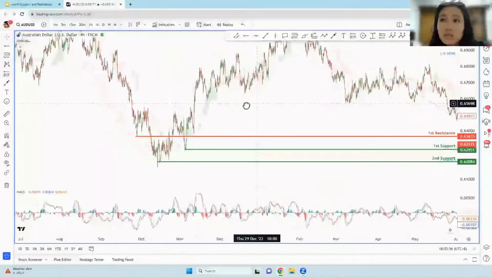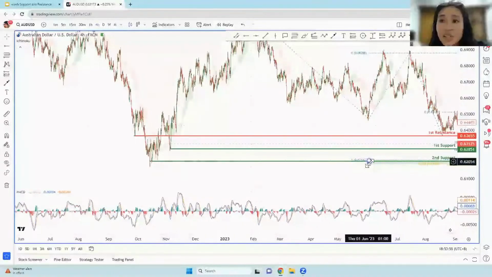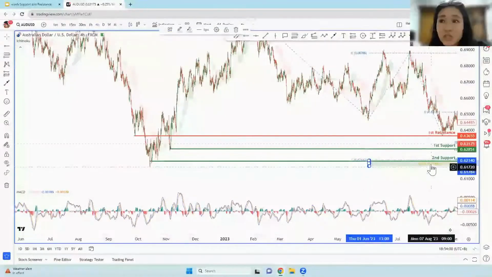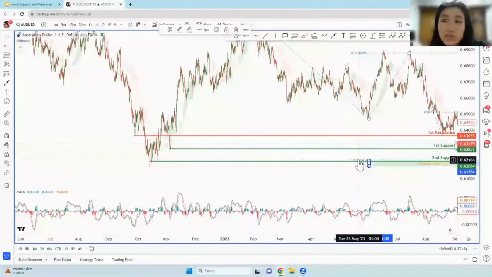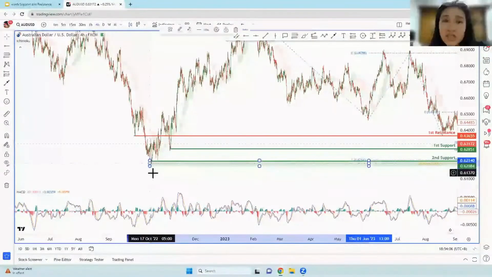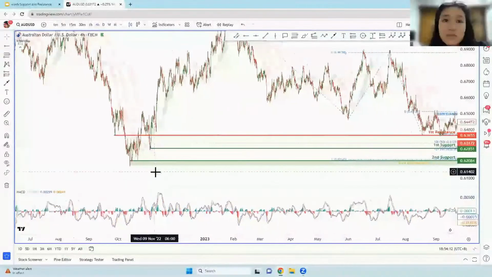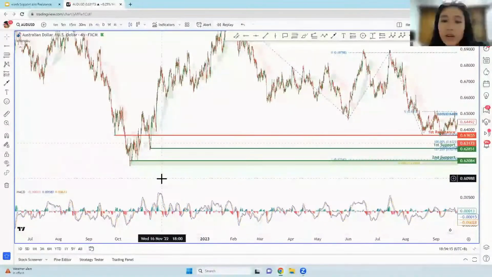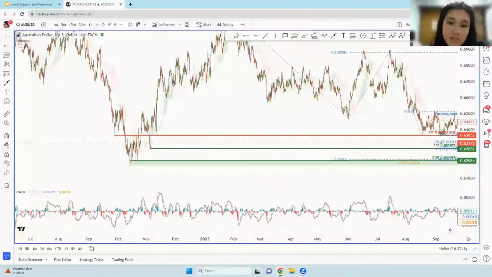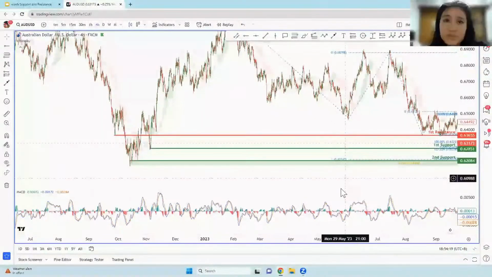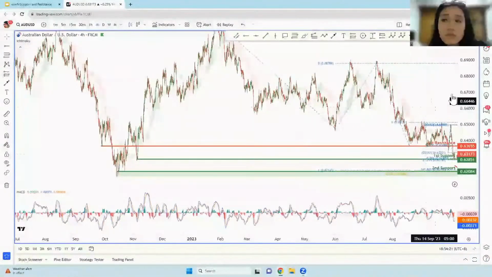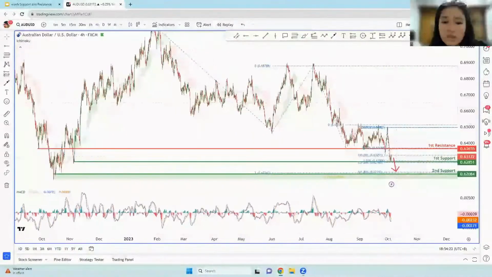Let me zoom out. You can see I actually highlighted this area here because of my Fibonacci levels that line up nicely. So for these support and resistance areas, I am expecting them to be areas more than levels. So yeah, it doesn't really matter for support and resistance levels. I hope that answers your question.